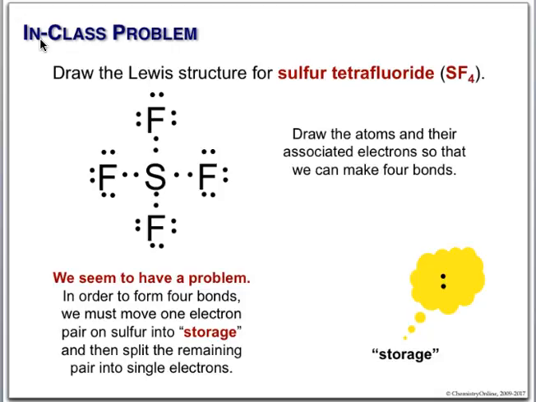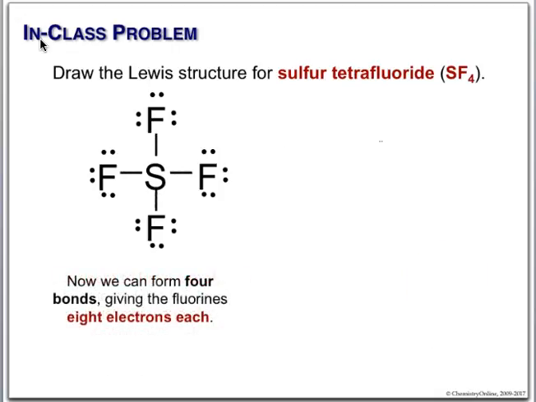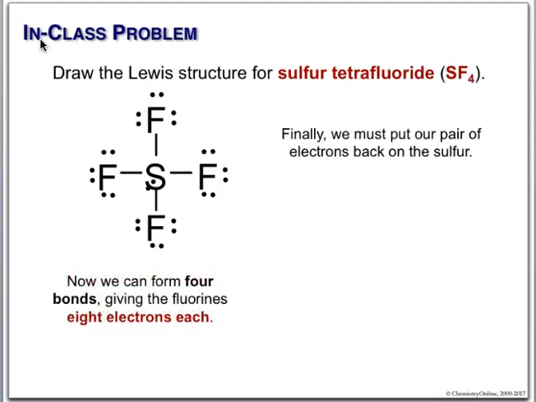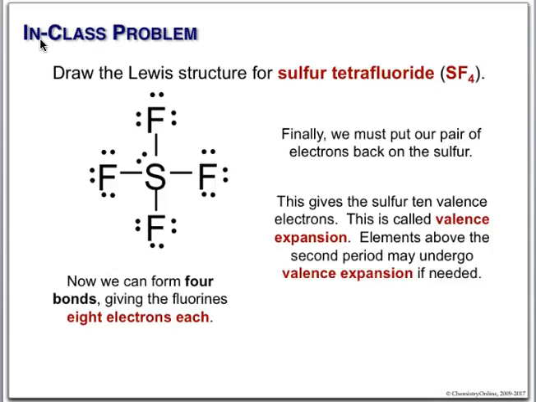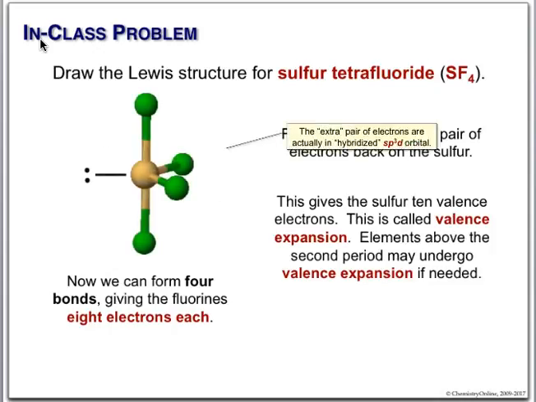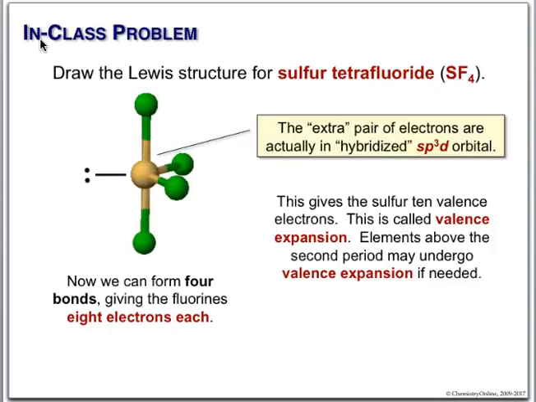Once we've done that, we simply have to put them back. And here's our final compound. 10 electrons around the sulfur. All right, so sulfur had too many. It doesn't always, but it can.